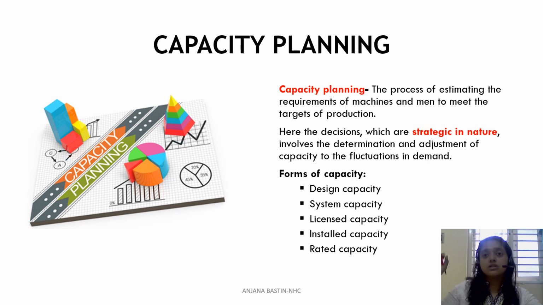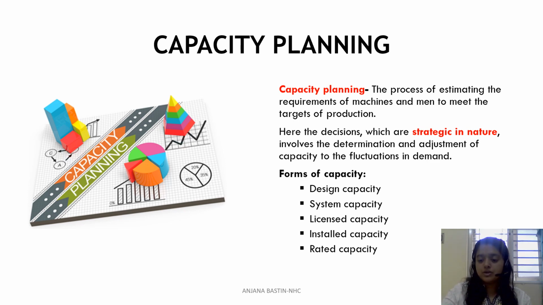Maybe it is bringing it only to 80 units. Then I decide I need one more machine. By using that one more machine, maybe I can achieve the 100 units target. So when you go for different trials in order to understand how exactly the capacity can be built, we call it rated capacity. Is it clear to you?